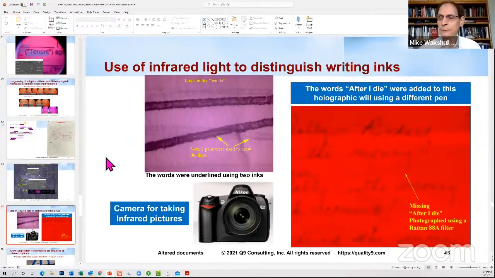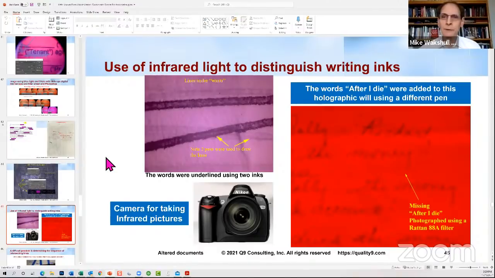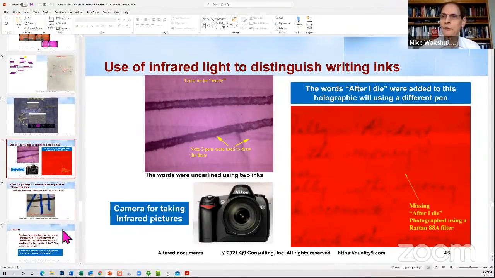And those are just standard techniques. Most document examiners don't have that equipment. And most document examiners are really handwriting analysts. They'll do a comparison of handwriting, but they don't really have the tools or the knowledge to do a document examination.